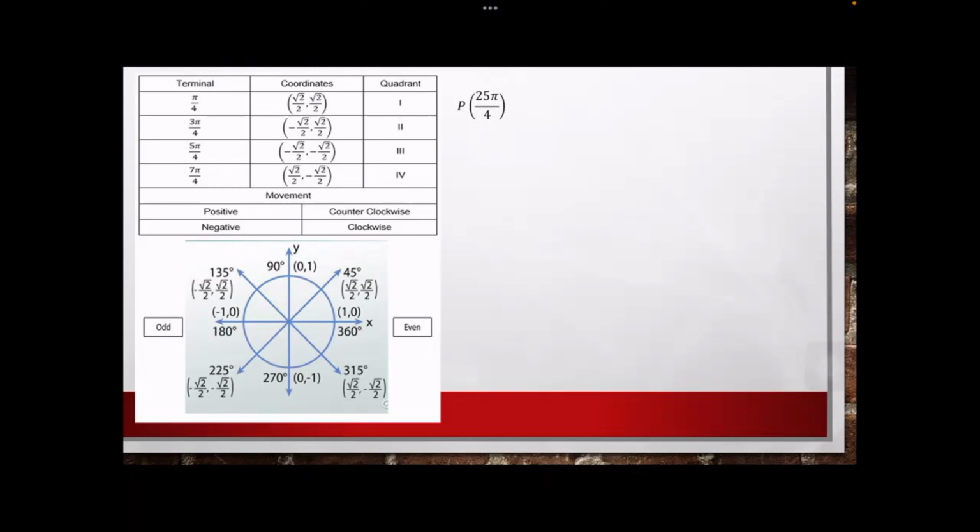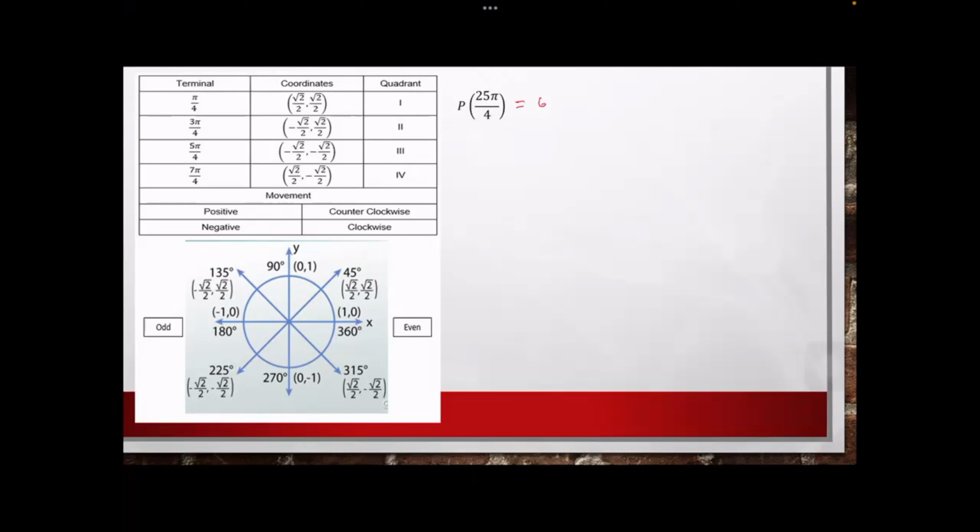RJ, can we have the answer? 25 pi over 4. 6.25 po. Okay, what is 25?